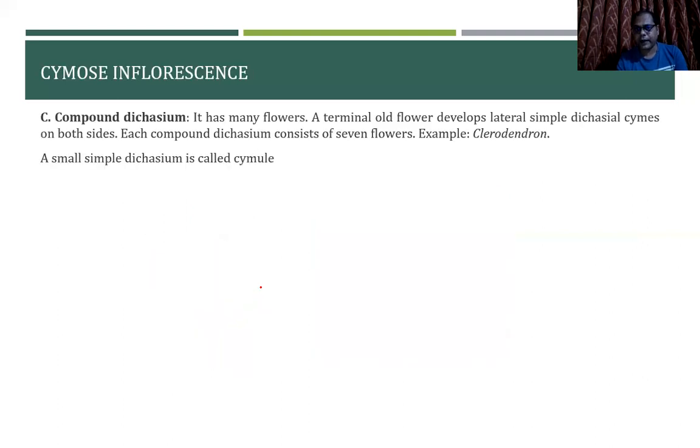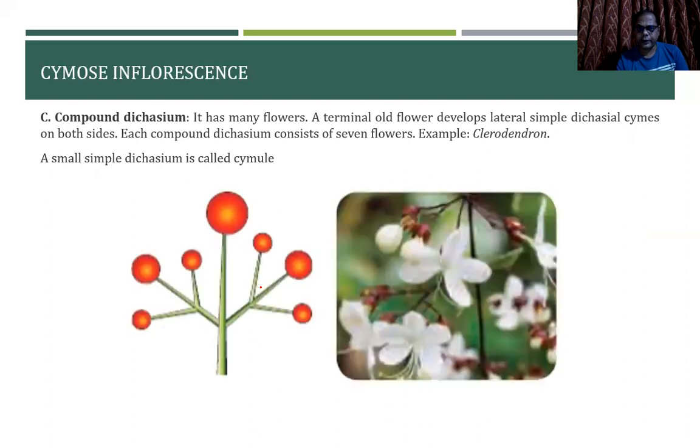In case of compound dichasium, which is seen in case of Clerodendron, we have got this particular part that is terminating into the oldest flower. The bigger size of the circle shows the oldest flower, and the younger one is shown as the smaller flower. So this is the biggest flower.